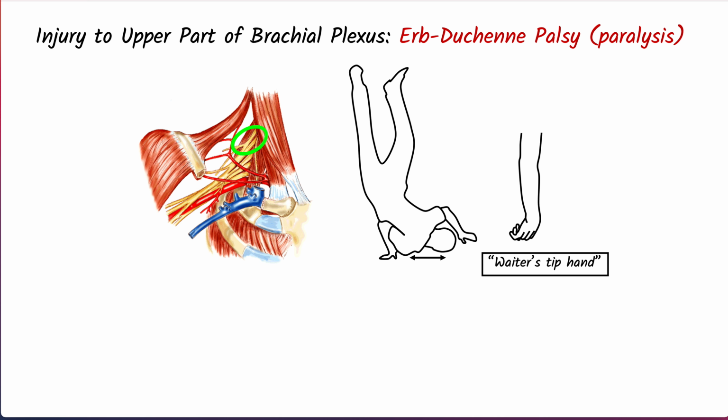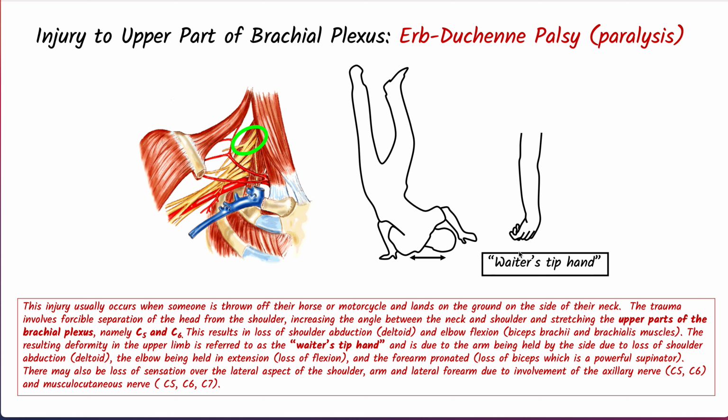This presentation has a very classical name, the Waiter's tip hand. And what happened, we need to know. As a student of anatomy today, you should know that the injury occurs at C5 and C6, and this results in loss of shoulder abduction. So the deltoid is gone, which means the axillary nerve has something wrong. Elbow flexion is lost.